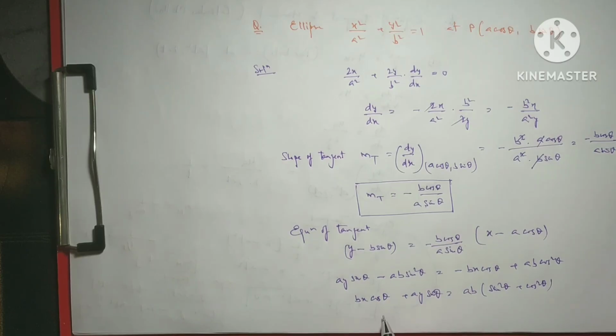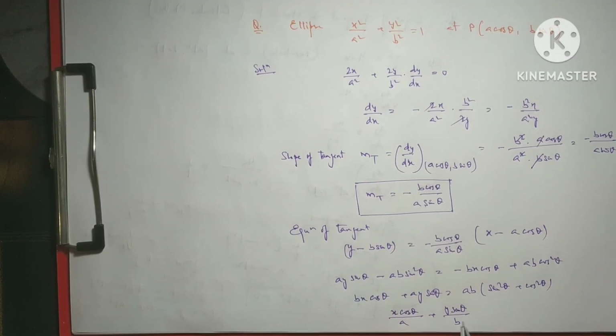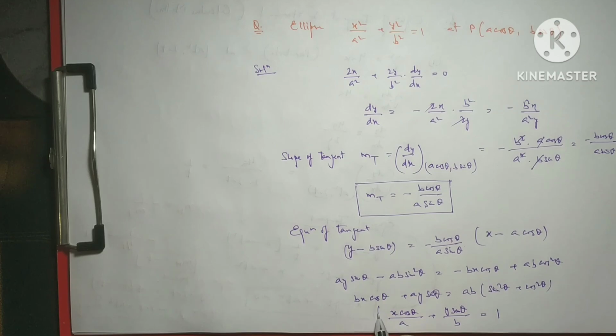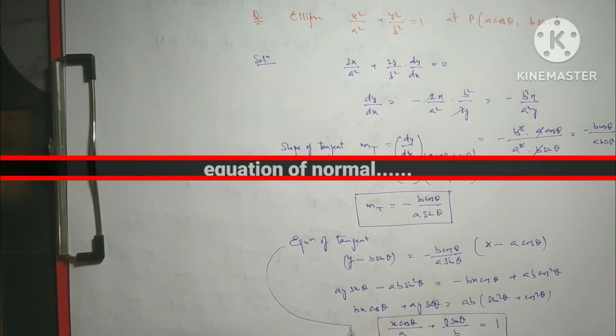So on dividing by ab, we get x cos theta over a plus y sin theta over b equals 1. So it is the equation of tangent.